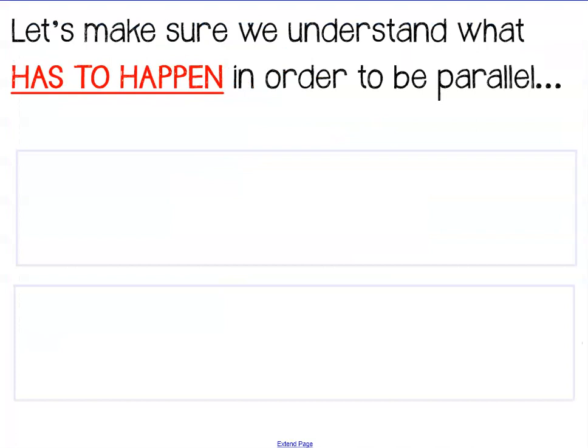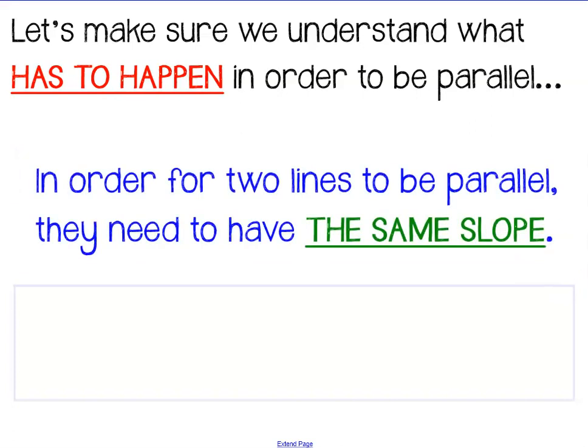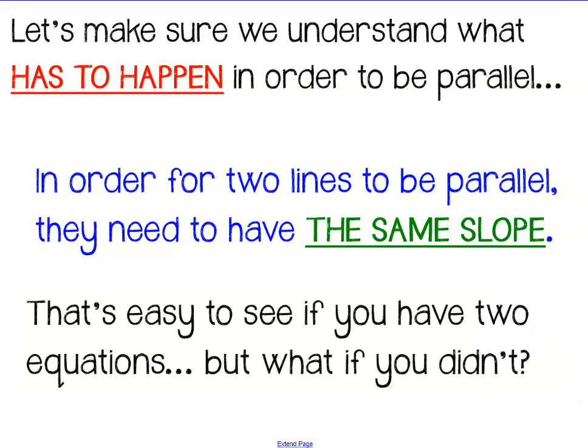All right, let's make sure that we understand what actually has to happen in order for lines to be parallel. So the first thing is, in order for two lines to be parallel, they have to have the same slope. I think we get that already. But what if you didn't have two equations? What do I mean?